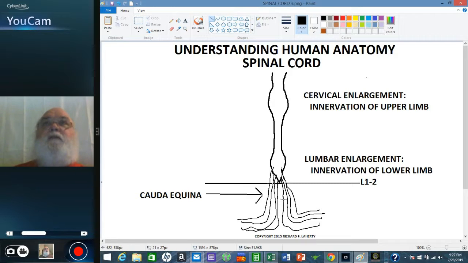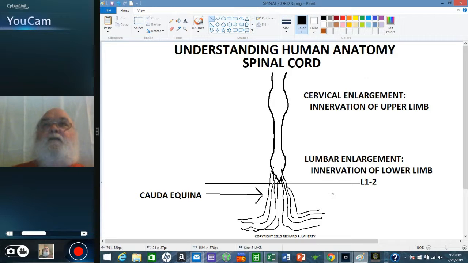So, in summary, spinal cord is part of the central nervous system, begins at the medulla and ends at the level of L1, L2, and it gives rise to all of the spinal nerves. Again, there are 8 cervical nerves, 12 thoracic, 5 lumbar, 5 sacral. It is covered by connective tissue membranes, the dura on the outside, the arachnoid in the middle, pia right onto the surface of the spinal cord.